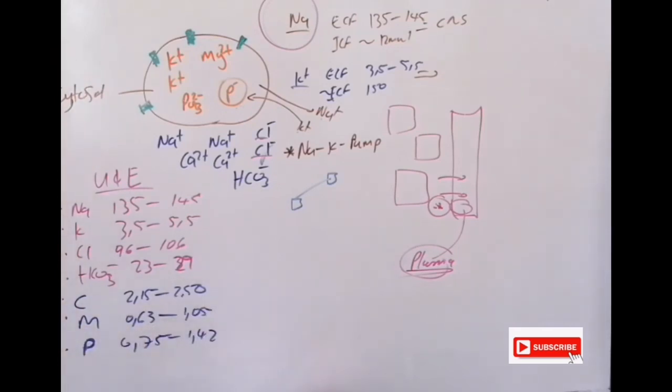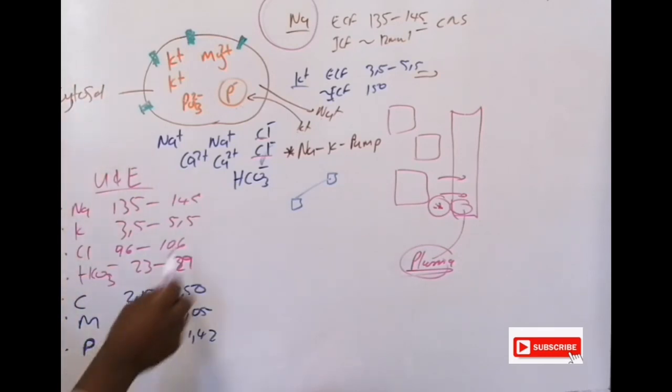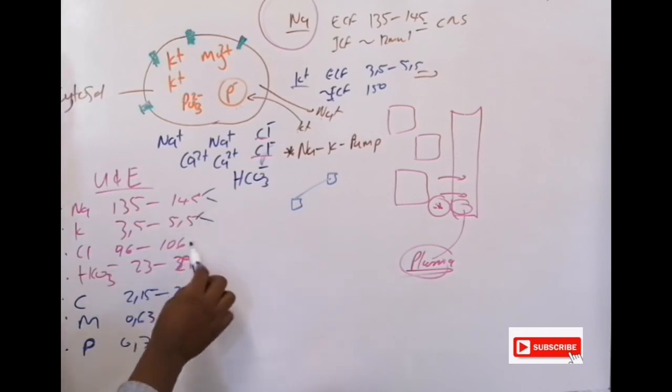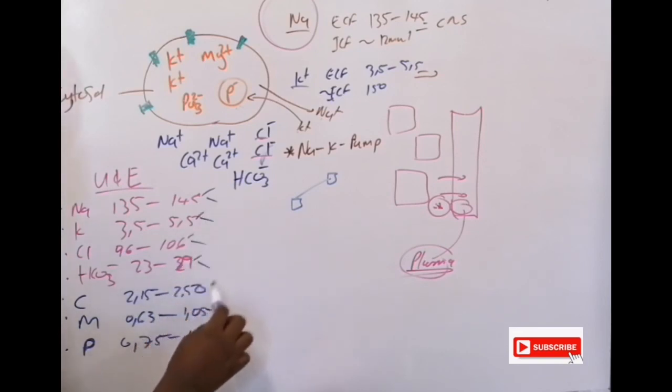So these are the plasma values of all these electrolytes. The abnormalities can be high or low or normal for each of them.